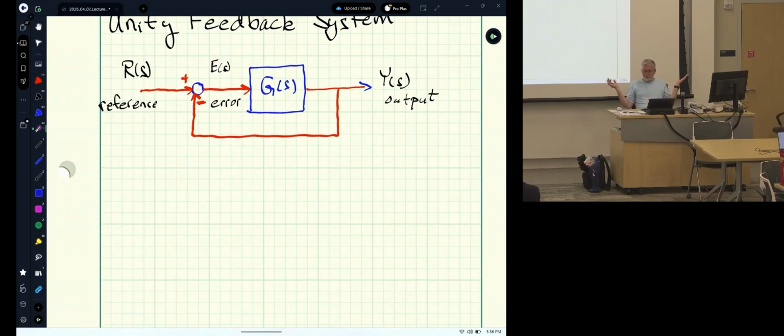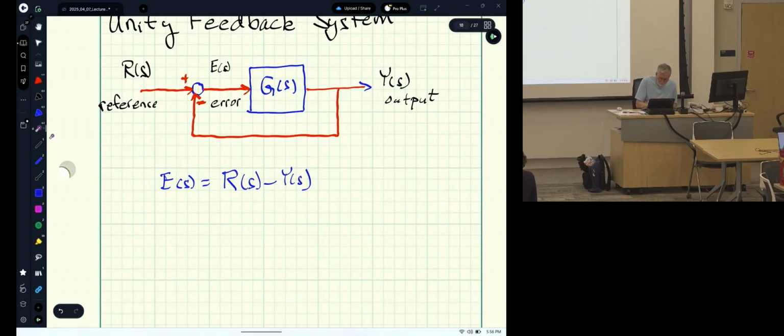Now, you're looking at that. Well, why do I care about that? Well, let's write down the equations that these things satisfy. E of s, this is just a set of linear equations. It's the reference minus Y of s. Plus, minus this signal.